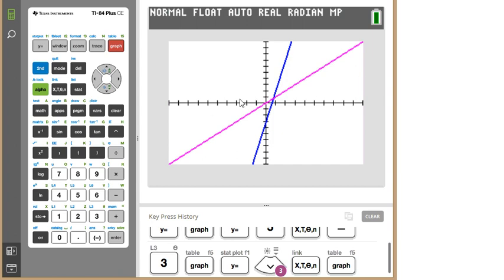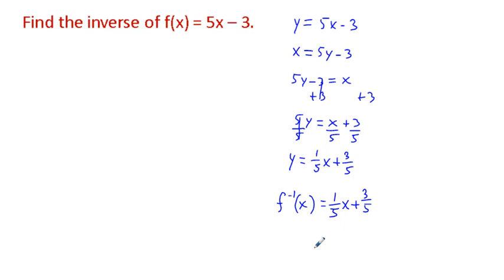So where I'm moving the cursor now, this y-intercept here is going to be the x-intercept over here. This x-intercept here is going to be the y-intercept over here. Okay, go back for remembrance's sake. We're going to have 1/5 x plus 3/5. That should be our inverse function.